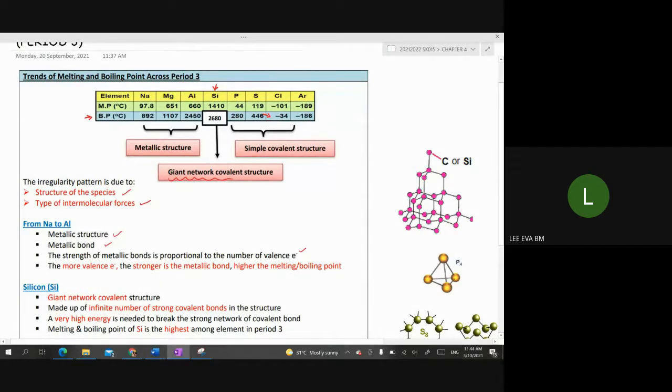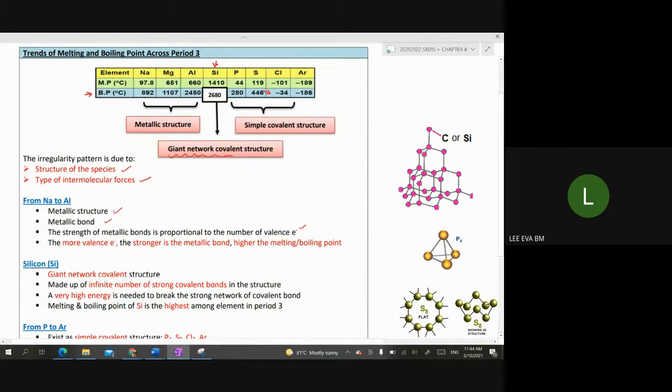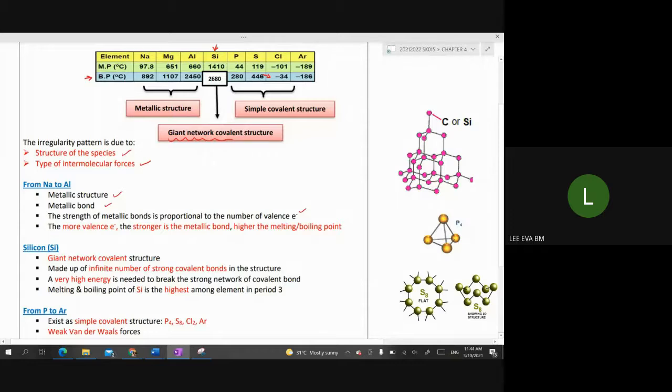From sodium to aluminium, the number of valence electrons increases. Therefore, the strength of the metallic bond also increases. So the more valence electrons, the stronger the metallic bond, the higher the melting or boiling point. So for metal, it's similar to our theory just now. So metal boleh accept? Boleh faham?